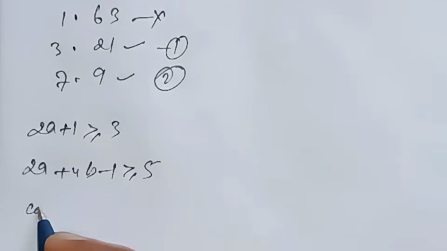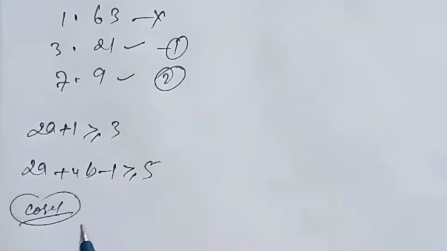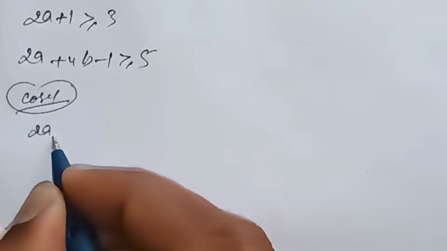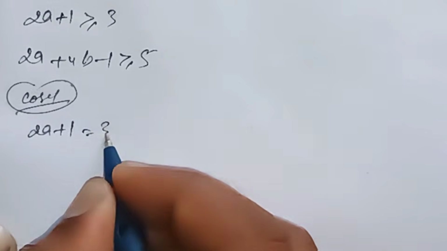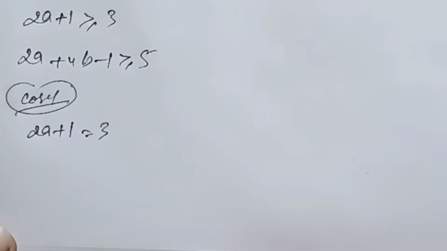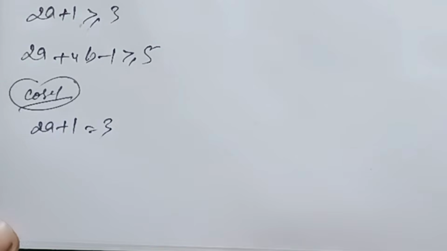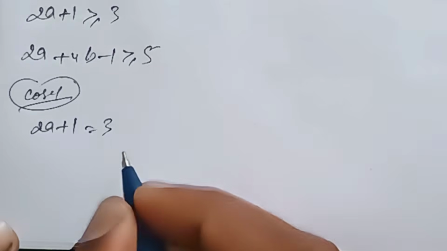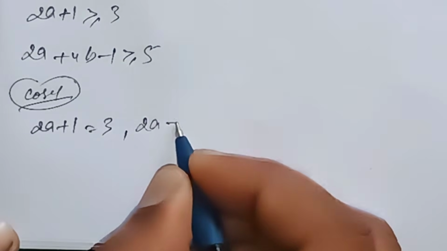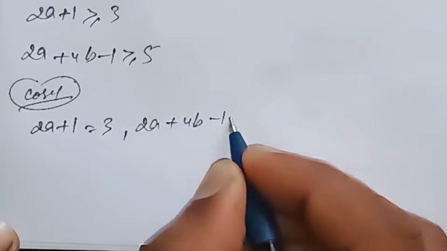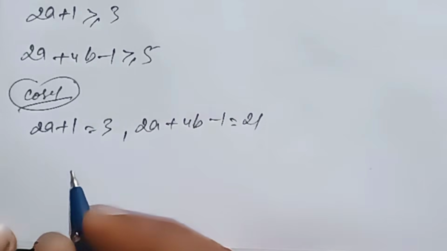So here case 1 is 2a plus 1 is equal to 3. So that 2a plus 4b minus 1 is equal to 21.